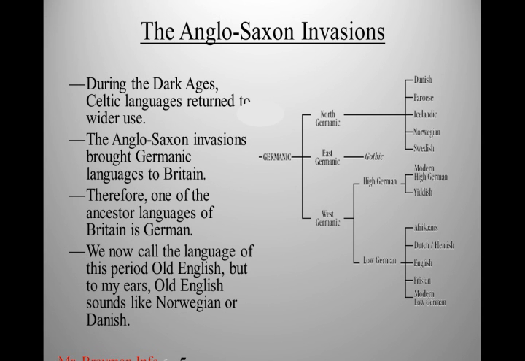And then the West Germanic languages, which become German and Yiddish. Remember, Yiddish is the language of the Jews in this region. Yiddish is kind of a mix of Hebrew and German. And then the other West Germanic languages, which includes English.